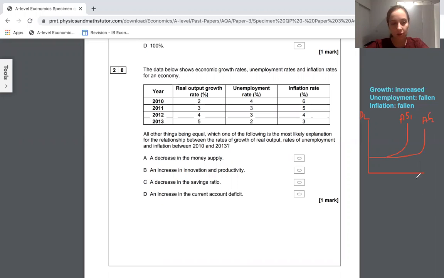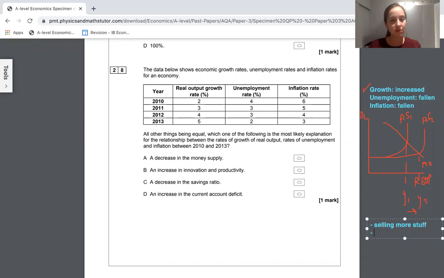Price level, real GDP. This is your AD. So this will create growth. Your output will increase from Y1 to Y2. So there is growth. Hopefully with more growth, companies are selling more stuff. That's going to mean more people have probably been employed.